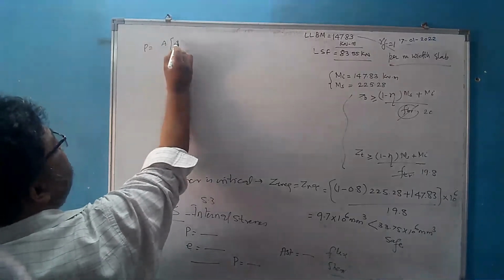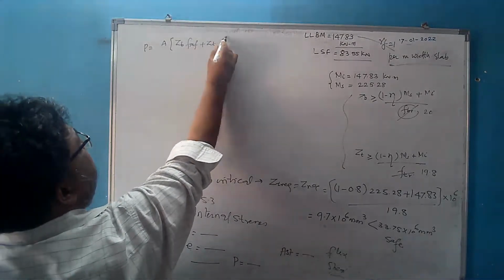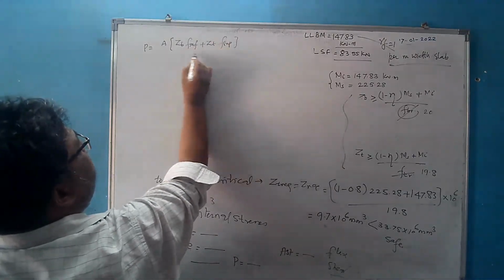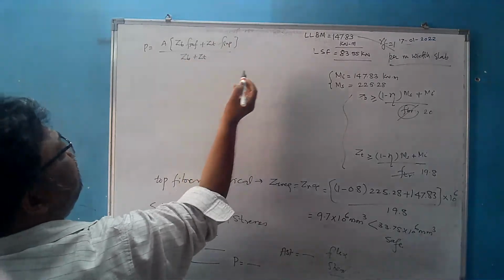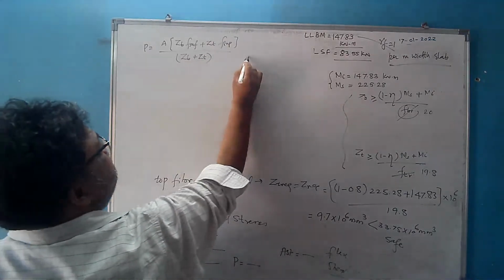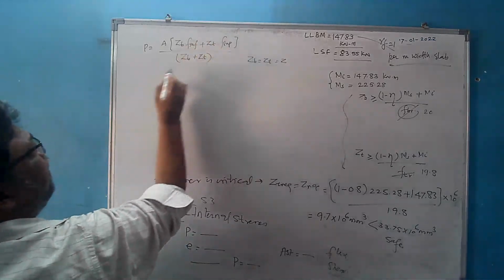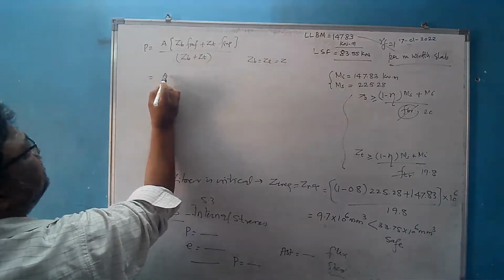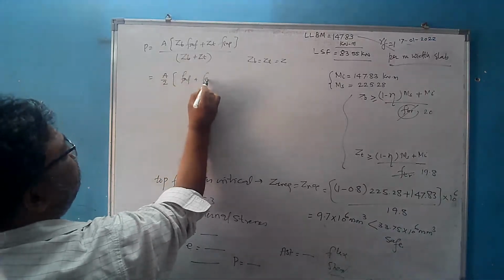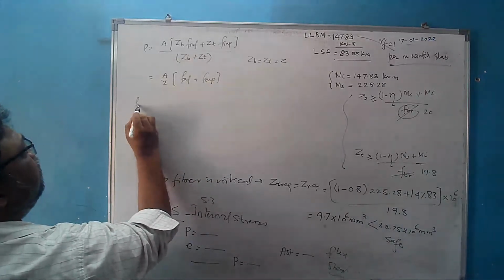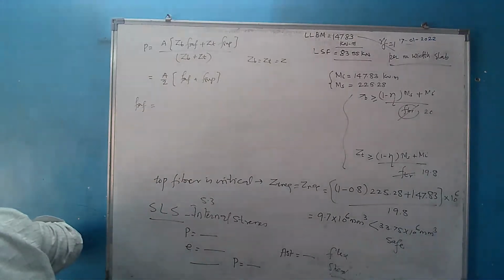A in brackets, ZB F inferior plus ZT F superior divided by ZB plus ZT. As it is a rectangular section, ZB is equal to ZT is equal to Z. That can be taken common and cancel. So it will be A by 2 into F inferior plus F superior. How can we have the value of F inferior? You remember all these equations already.